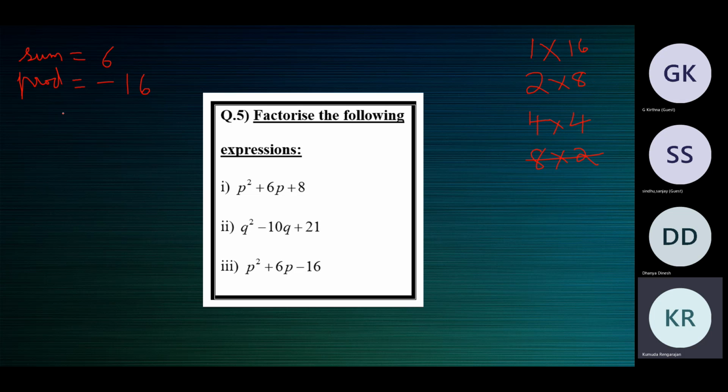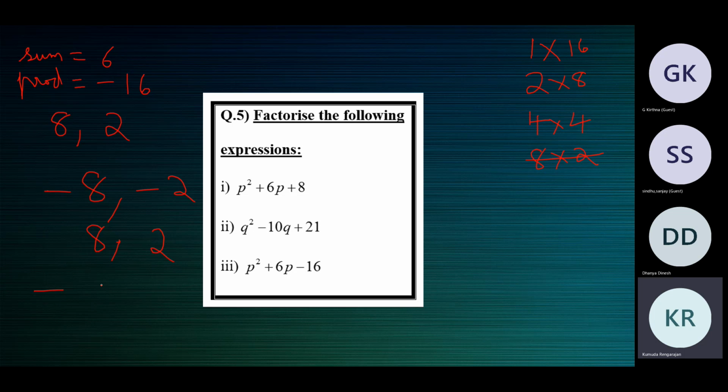Now fix the signs. The two numbers are 8 and 2, or 2 and 8, any order. The product is negative, but the sum is positive. Think like this. Is it minus 8 minus 2? Or plus 8 plus 2?